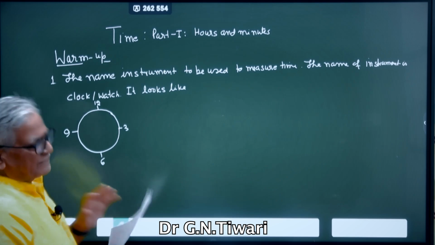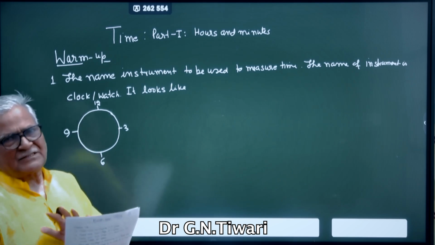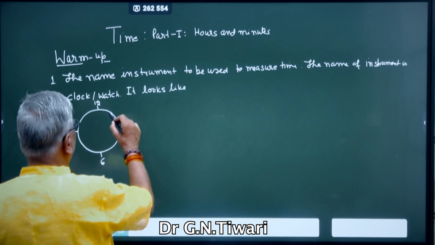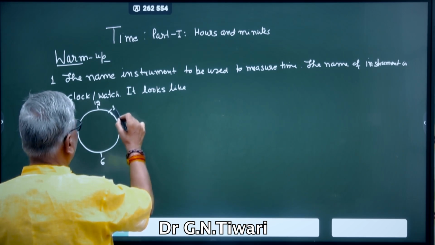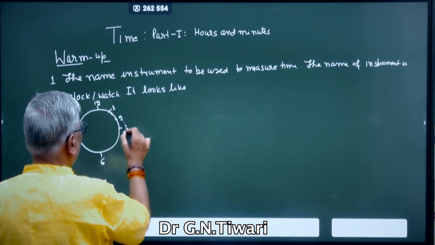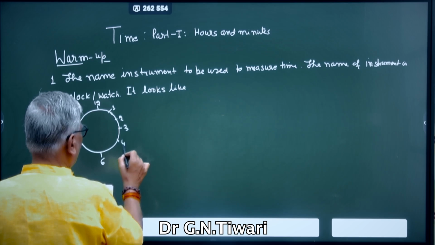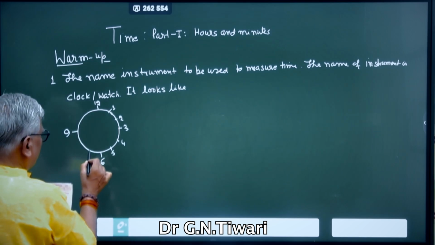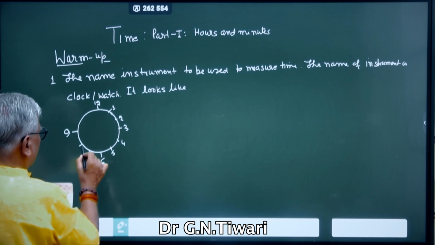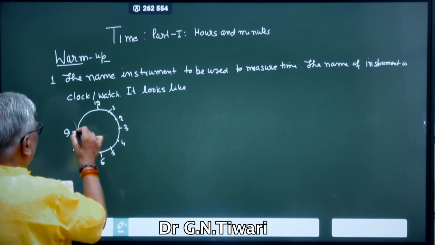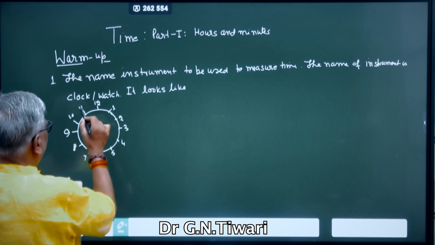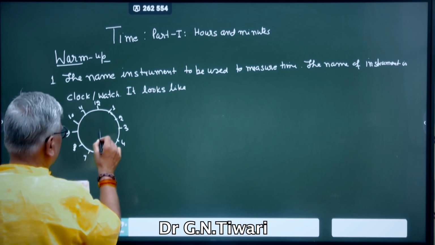Now things are very clear. After writing all these, it is easier to write here 1 and 2, then 4, and then 5, then 7, approximately 8, 10, and 11. And here is the center.